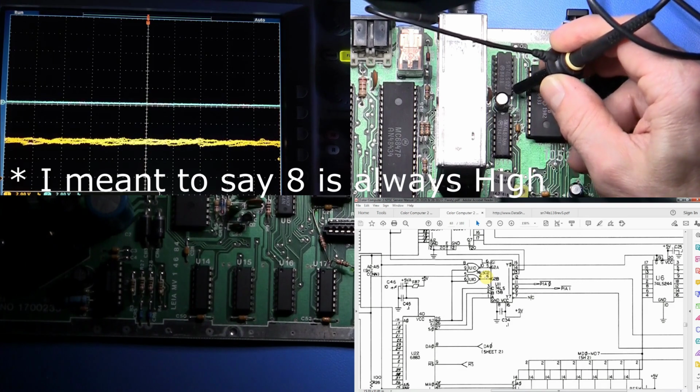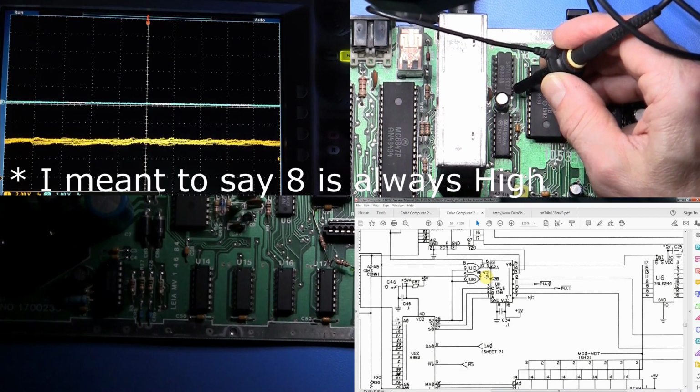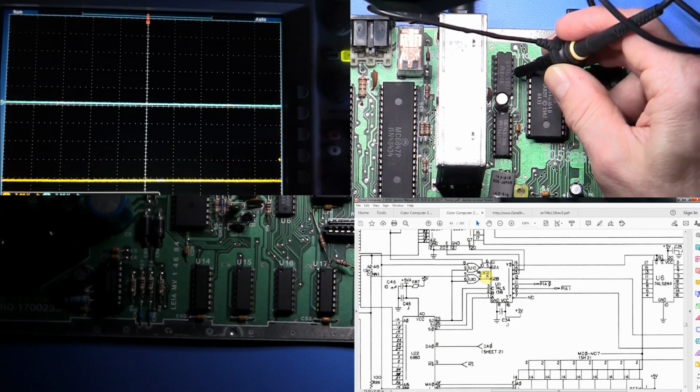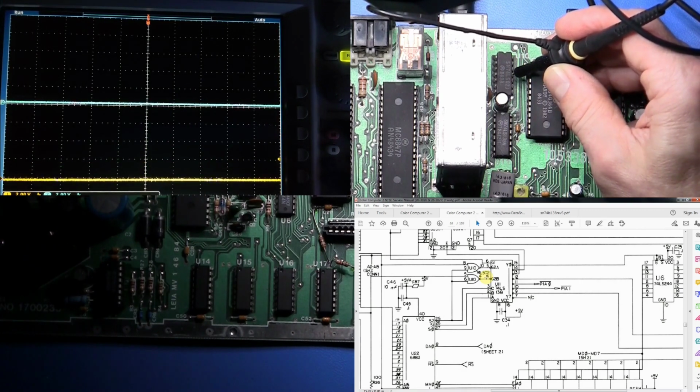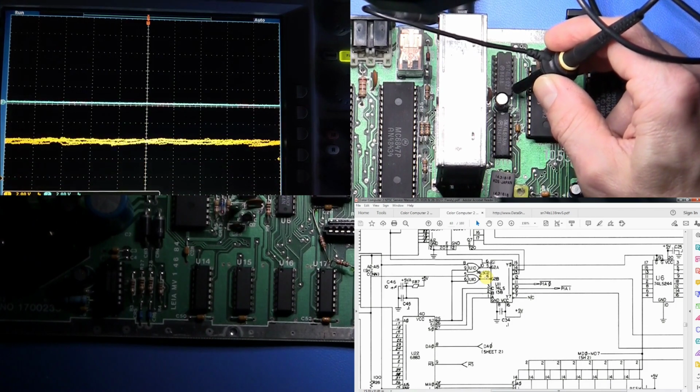Okay, if 10 is always high, then the NOR gate output would be always low. Okay, but that's 8, 9, 10, and it is always low. Why is pin 8 always high?